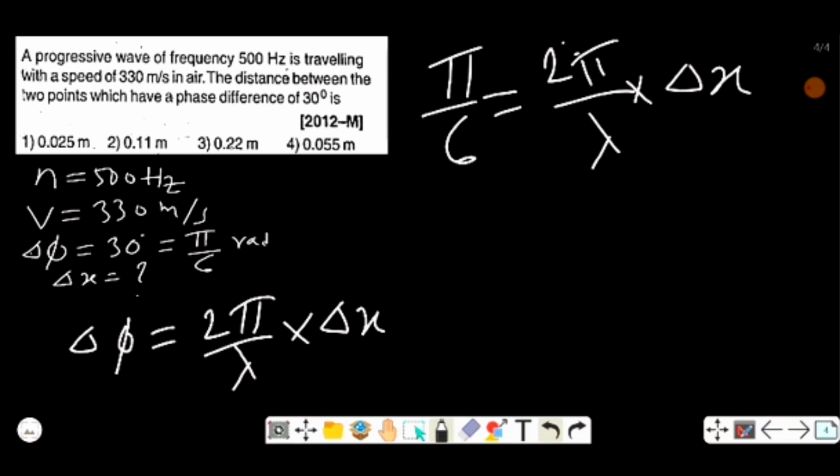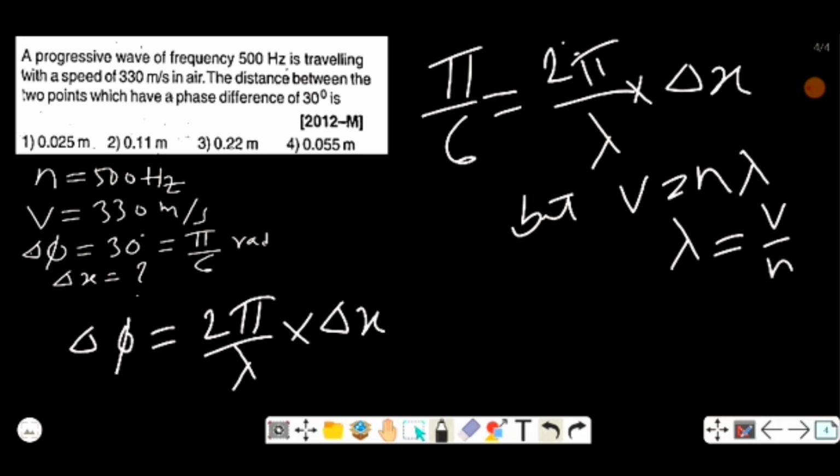But the given values are velocity and frequency, and we know v is equal to n lambda, from which lambda is equal to v by n.